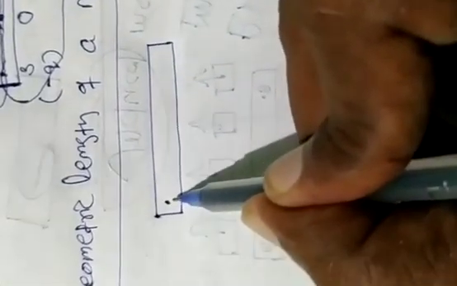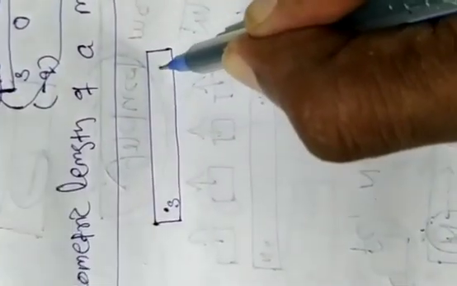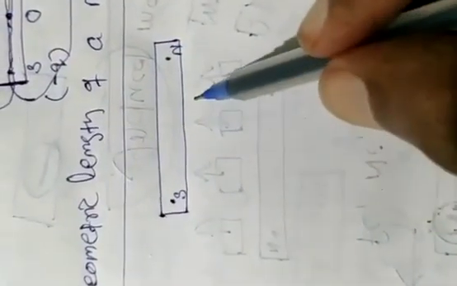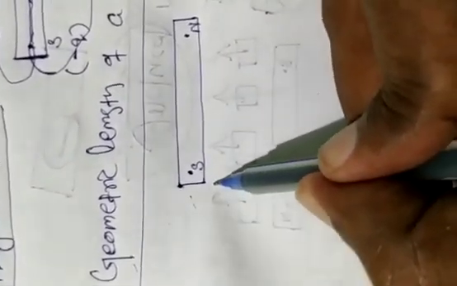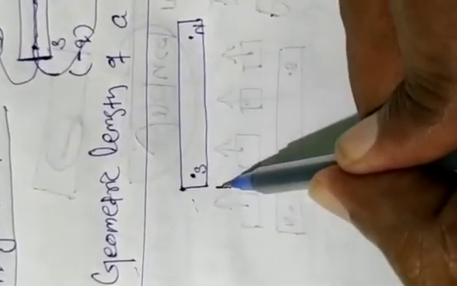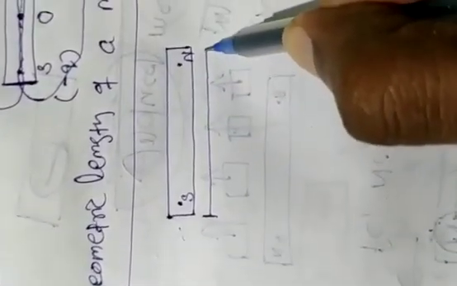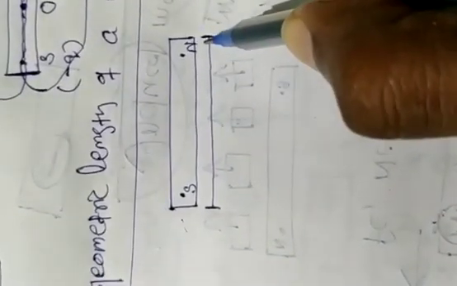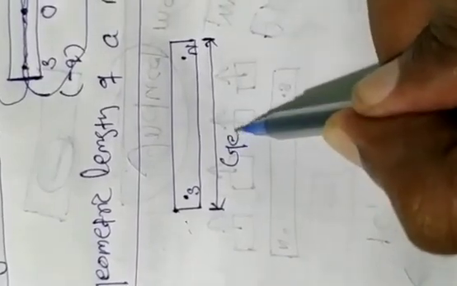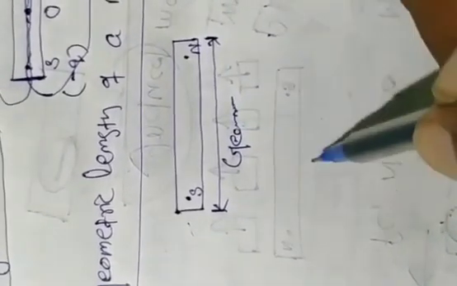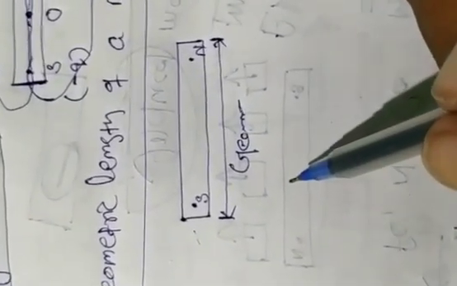One is south pole and another is north pole. So what is the geometric length of a magnet? The face to face length of a bar magnet is called the geometric length of the bar magnet. This length is called the geometric length.